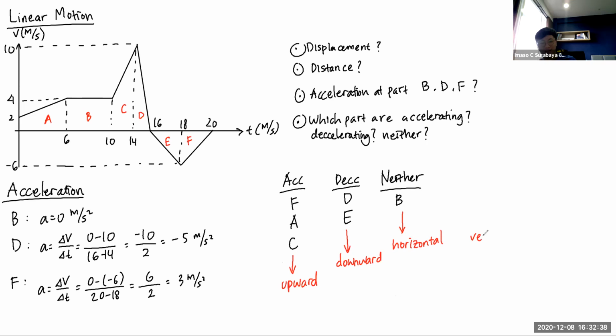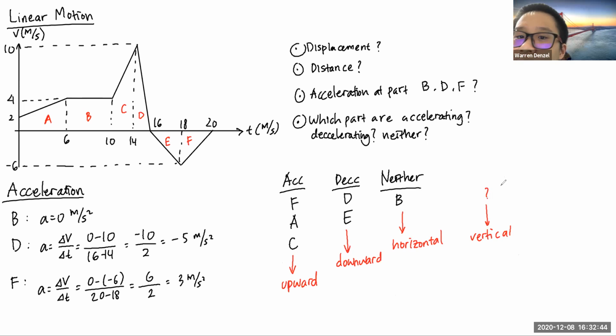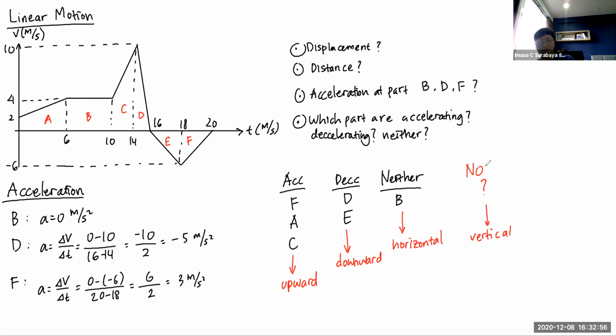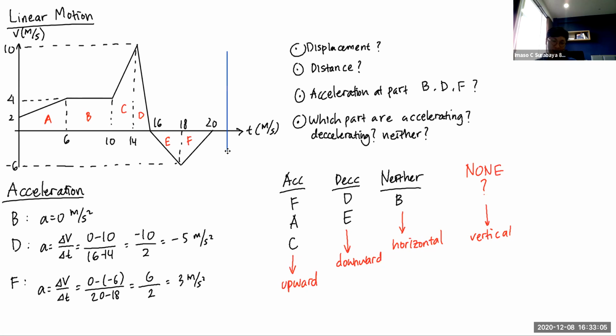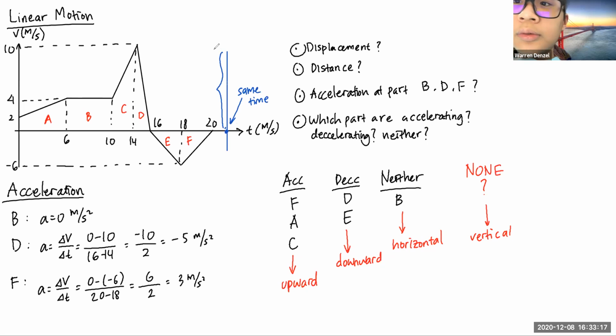Okay, what about a vertical line? If it's vertical, then I think the answer will be none. Why is it none? Because if there is a vertical line here, that means at the same time that object changes everywhere, right? No, mister.